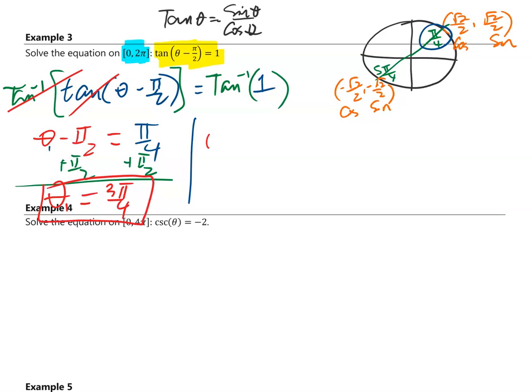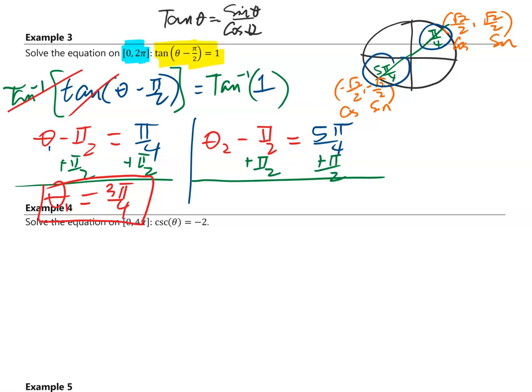Then the other one, theta 2 minus pi over 2 is equal to, the second is, from the unit circle, 5 pi over 4, and then if we add pi over 2 to both sides, we will have 5 pi over 4 plus pi over 2 is 7 pi over 4.